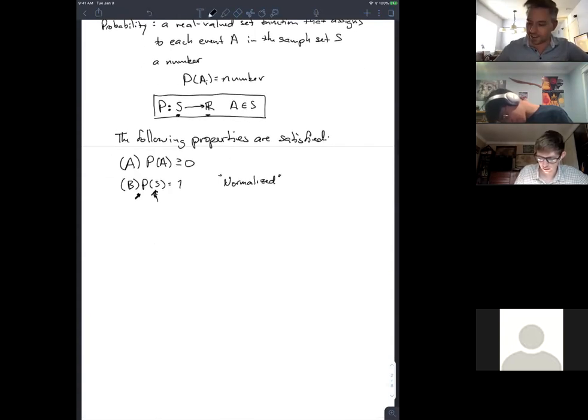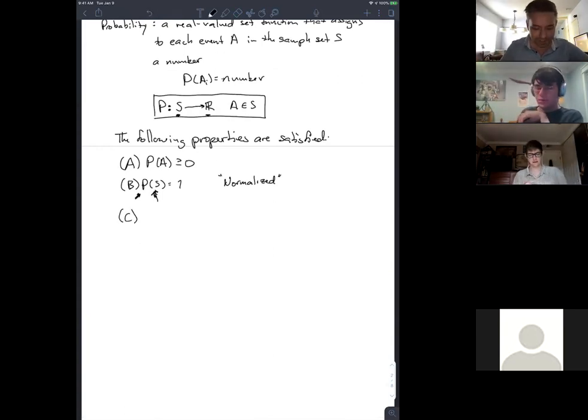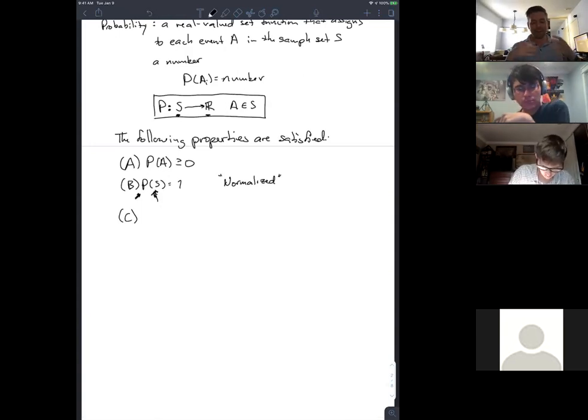Now, these two are both boring. I'm sure you've seen them all before. Now is when things start getting a little bit more interesting. Let's say I have some set of possible outcomes.